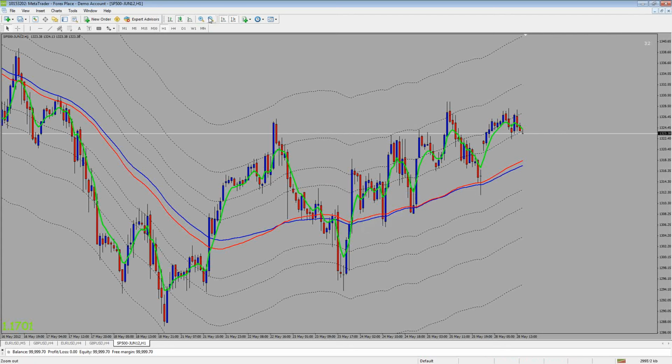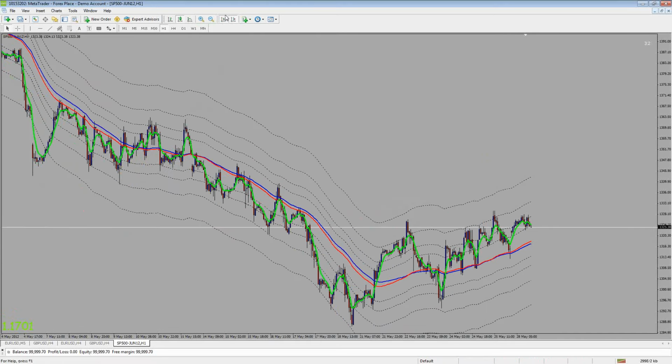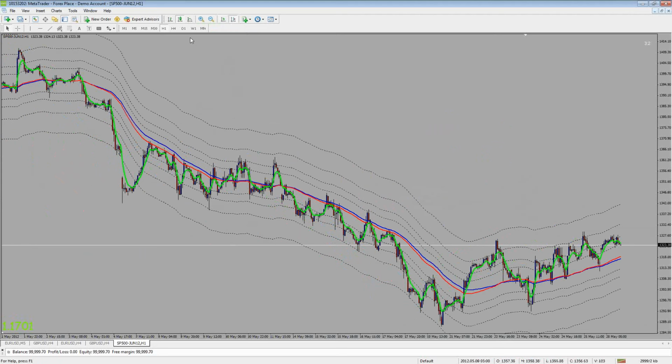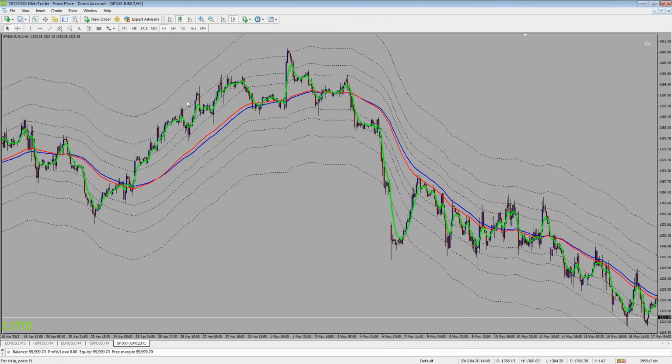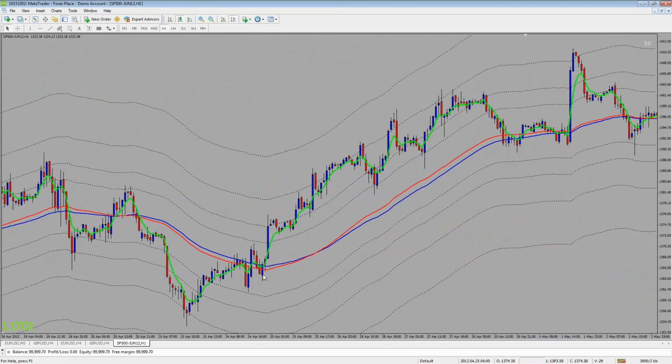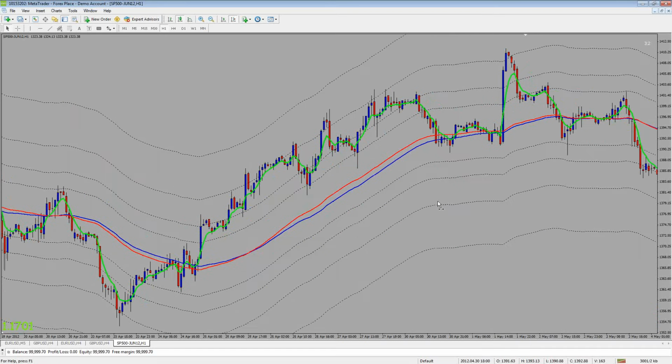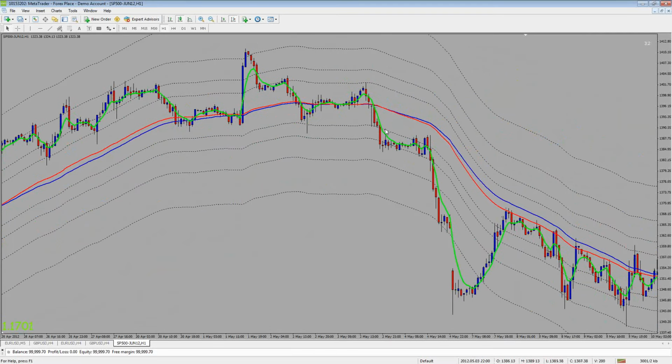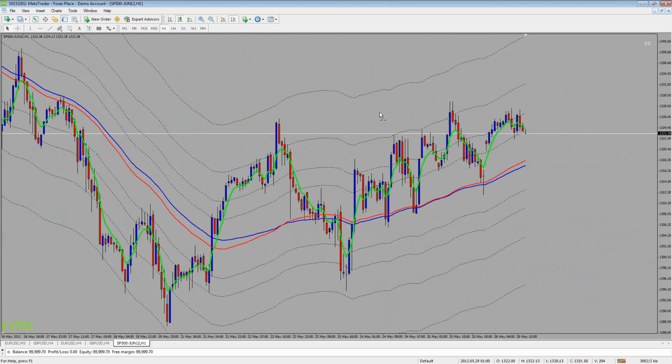Again, when you see a trending market, usually this moving average is used as a good support or resistance. In an uptrend, it's a good support moving average. In a downtrend, it's a good resistance moving average, okay? But that's not the main purpose of this moving average here.